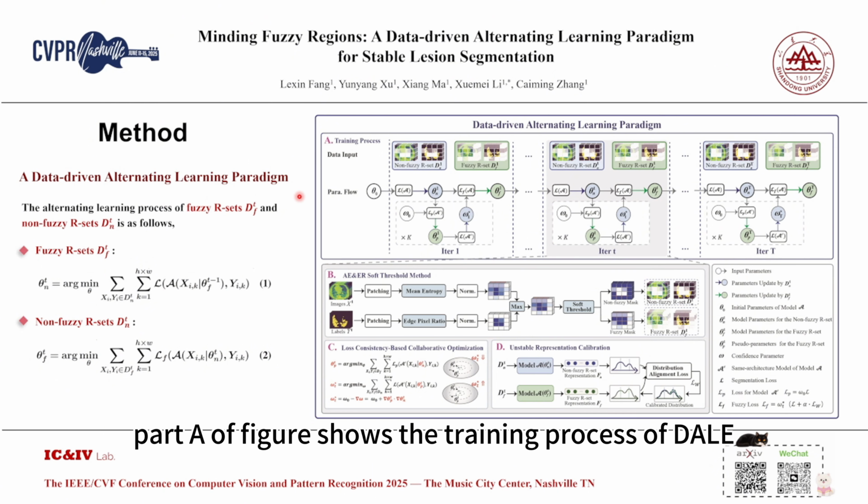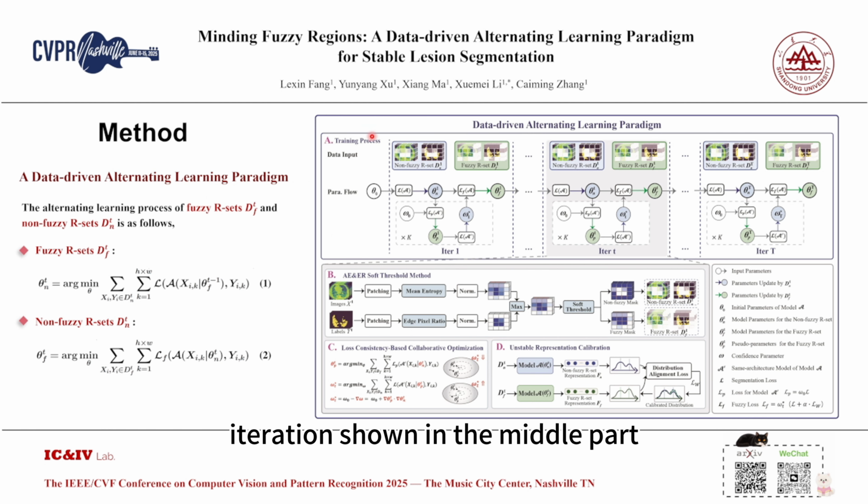Part A of the figure shows the training process of DALE, with the T-th iteration shown in the middle part. At each iteration T, we construct an unfuzzy set D_n^T and a fuzzy set D_f^T.